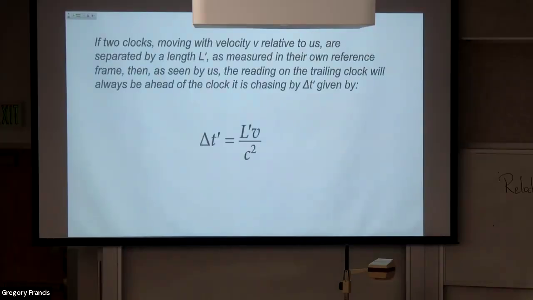And that is that if two clocks moving with velocity v relative to us on the sidewalk are separated by a length L prime as measured in their own reference frame, okay, so that would be the proper length, the maximum length, then as seen by us, the reading on the trailing clock will always be ahead of the clock that it is chasing by a delta t prime given by the proper length times the speed of the train divided by the speed of light squared.